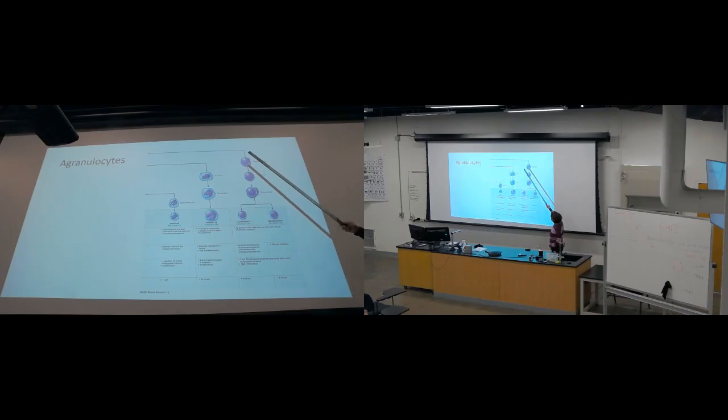Now, coming from a lymphoblast, from the lymphoid lineage, we have these prolymphocytes. So you have a myeloid line and a lymphoid line. The lymphoid line only gives you lymphocytes. So this is the lymphoid cell line that is going to give you a lymphoblast, and then it gives you a prolymphocyte.